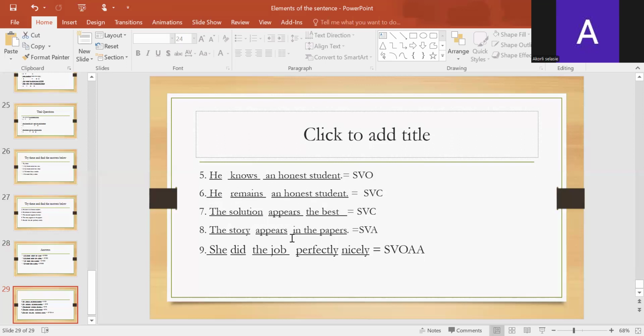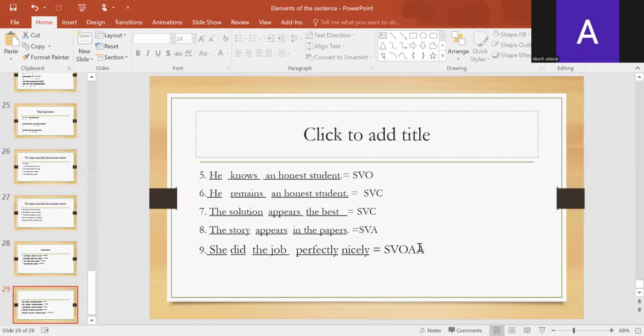The story appears in the papers. You see, a prepositional phrase showing where something appears. So it's what? An adjunct. The story appears in the papers. She did the job perfectly nicely. Did is a verb. The job is an object. But you can see here AA, because you have these ly words here too.